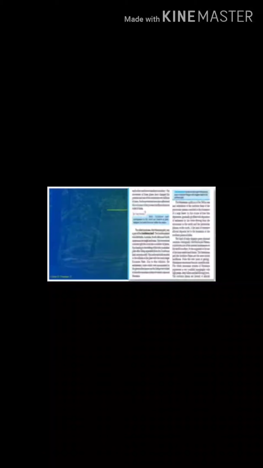Now let us study historically how these landforms have been formed. The present landform is different from the past, so let's see how it was before and how it changed to its present form. If we talk about history, we see that the present continents which we see today were once a single land mass, and the name of this land mass was Pangaea.